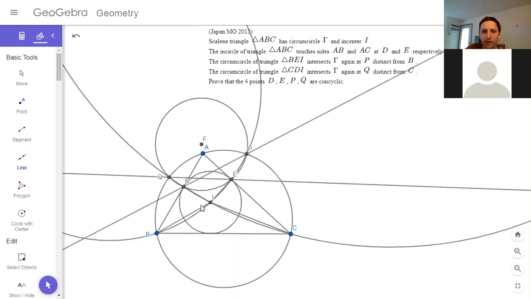Is that what you meant? Okay. And then basically we want to show DE is parallel to GH, I think. If we can show DE is parallel to GH, that solves it. I'm going to delete F for now.